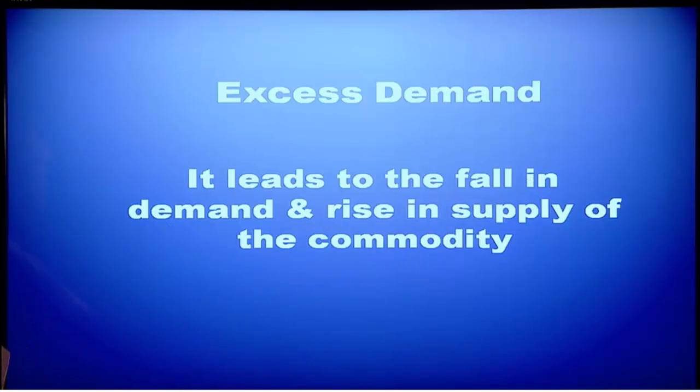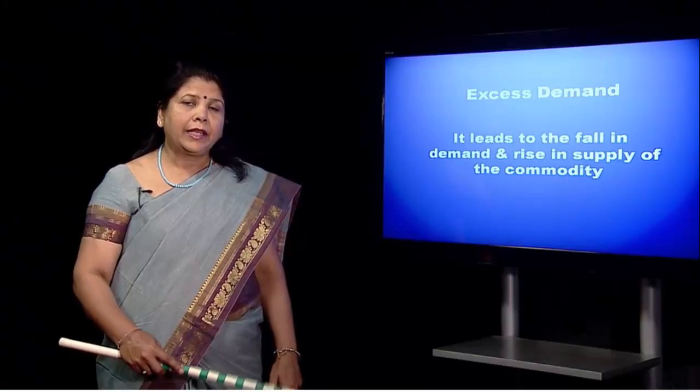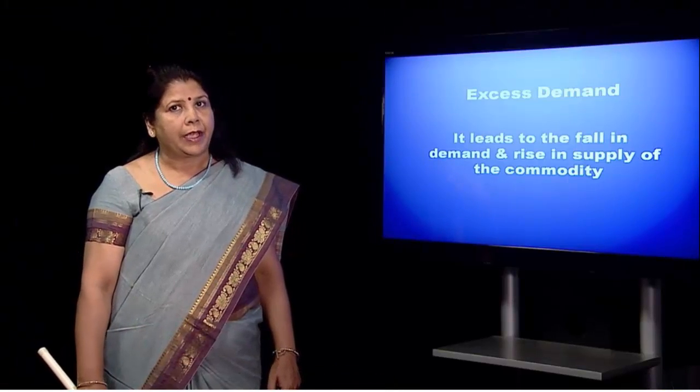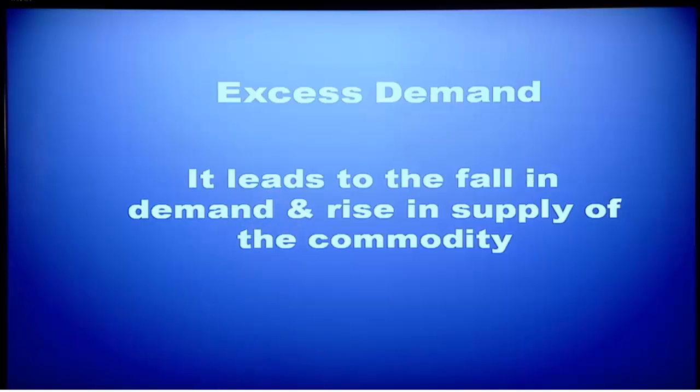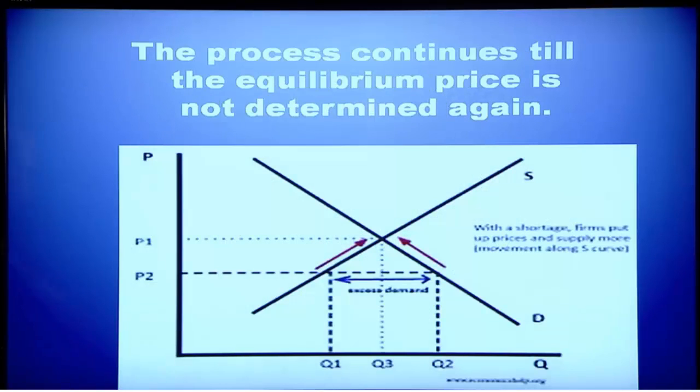Increased price means fall in demand and increased price means rise in supply. So, this is what results in case of excess demand, as a result of which the price has a tendency to move back to the equilibrium price, which is P1, and equilibrium quantity, which is Q3.